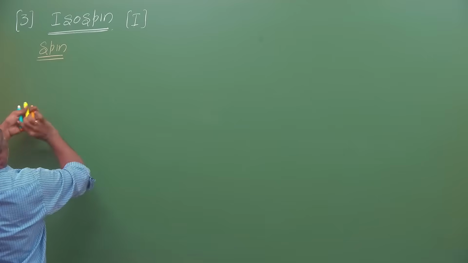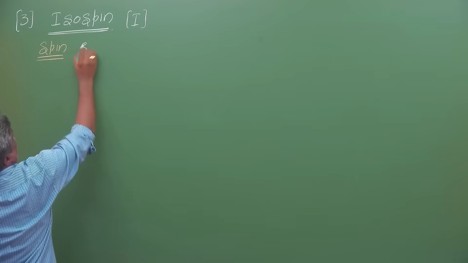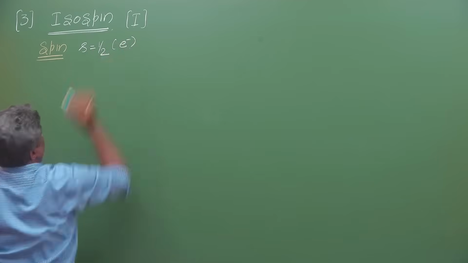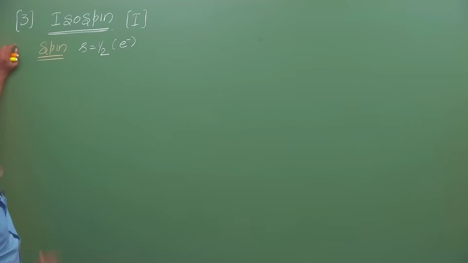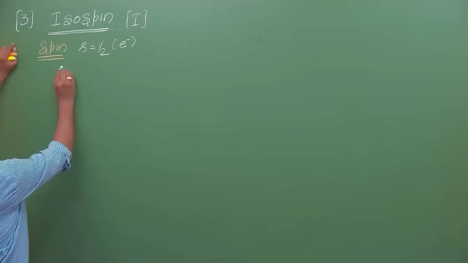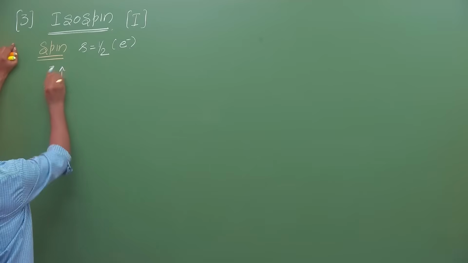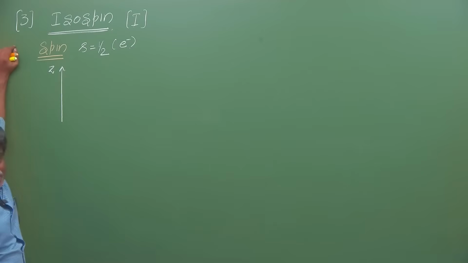Now I am taking the electron. So electron spin, shall I take it as 1/2? I have an electron and this is my reference axis, let us say the Z axis. According to the Stern-Gerlach experiment, if I apply the magnetic field along the Z axis, the electron may be oriented either parallel or anti-parallel.